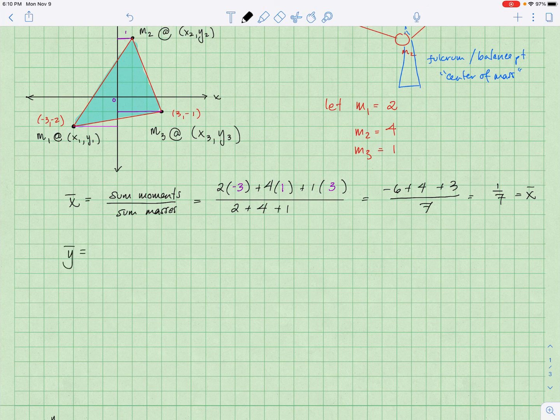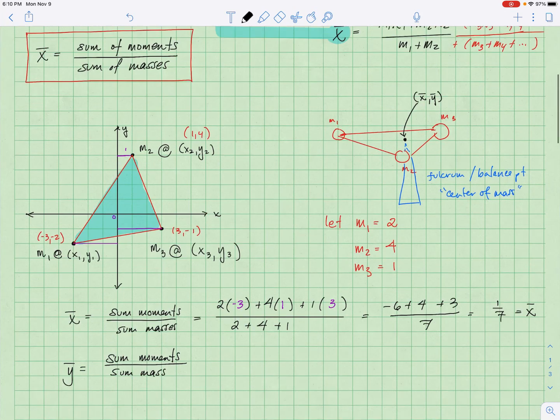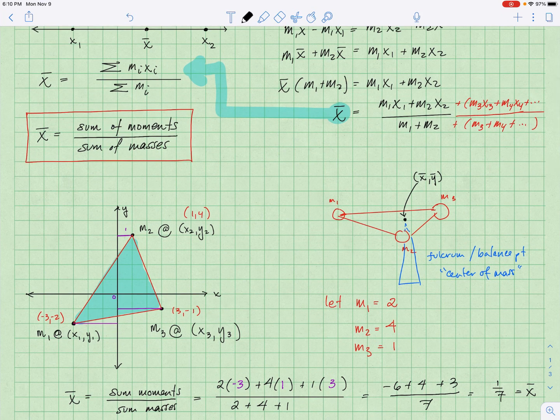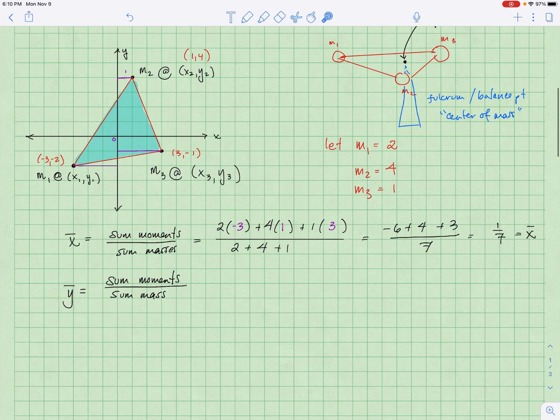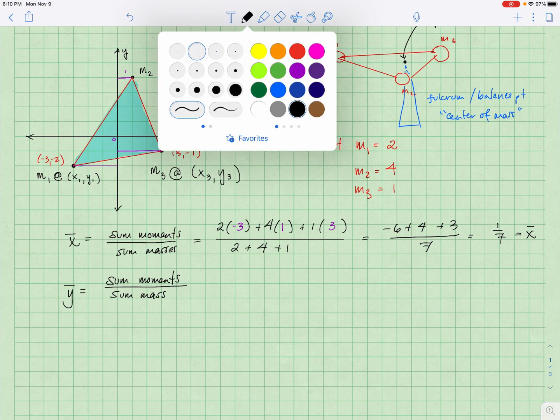For y bar, the formula is actually the same. It's the sum of the moments divided by the sum of the masses. But unlike the moments that we had up here, which were the sum of the mass times the x distance, this is now in the y direction. So let's get a different color here.